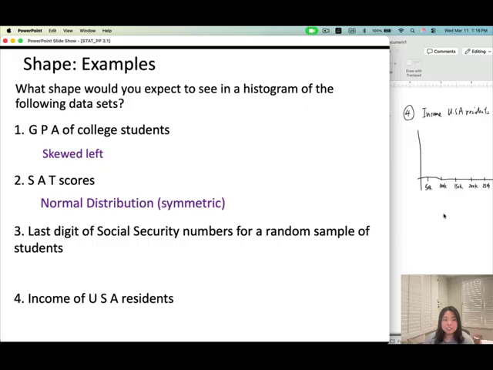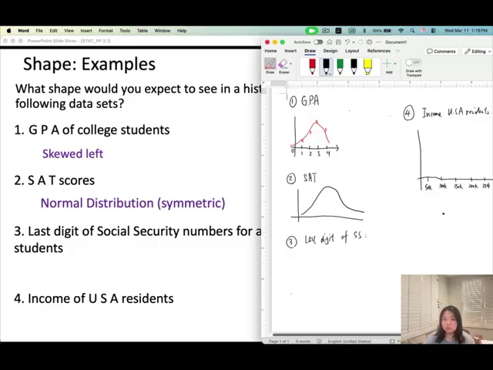Number 3, last digit of social security number for a random sample of students. For the last digit of the social security number, you could have a choice from 0, 1, 2, 3, 4, 5, 6, 7, 8, and 9, right? It will be random for the last digit.